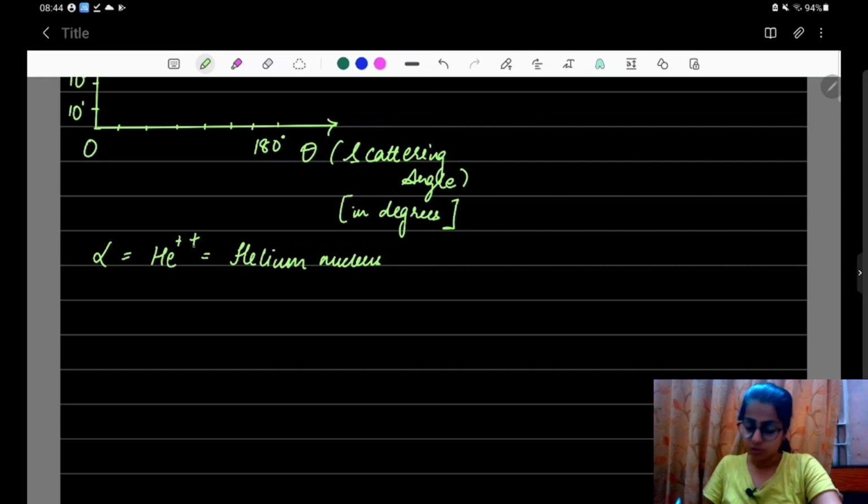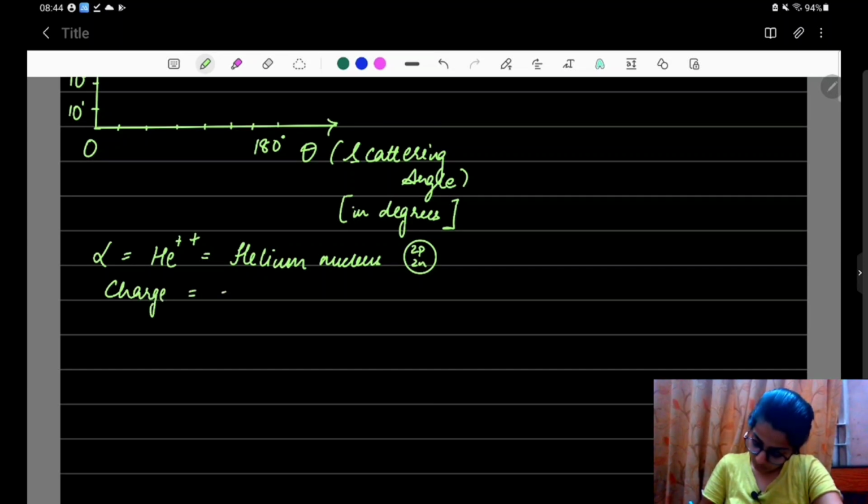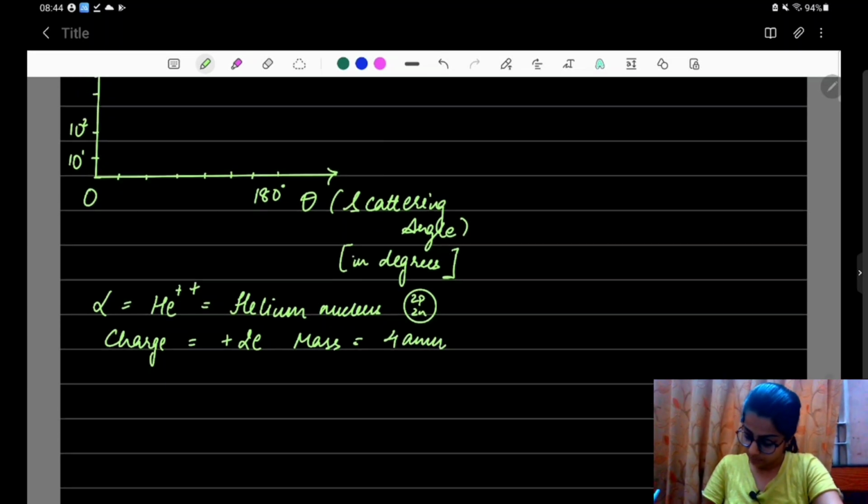Now there are no electrons, so there is only the nucleus with two protons and two neutrons. So this helium nucleus is the beam of alpha particles. The charge is plus 2e and the mass is nearly equal to 4 u, not the exact one.